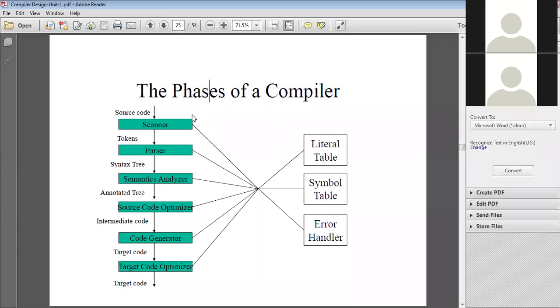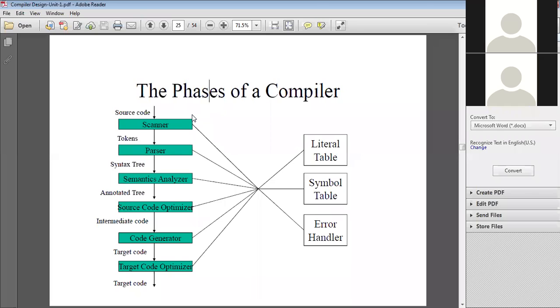And what is the function of the parser? The parser will develop the parse tree, that is, it will provide you the parse tree or the syntax tree. The syntax tree then goes to the semantic analyzer, and the semantic analyzer checks whether the program written by you is okay or not.